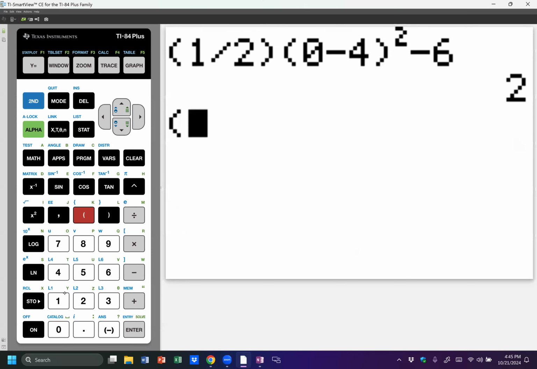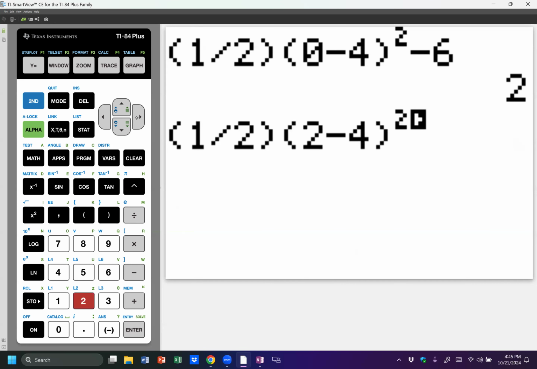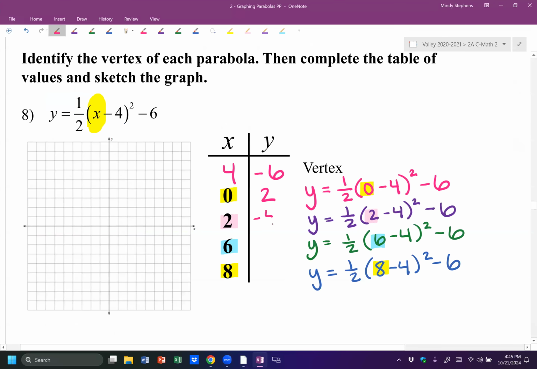So parentheses, 1 divided by 2, parentheses. Then I have 2 minus 4 in parentheses squared, -6. Again, make sure yours looks just like that with a 1/2 in parentheses at the beginning. And you should get -4 if you typed everything in right. So I'm going to write a -4 there.